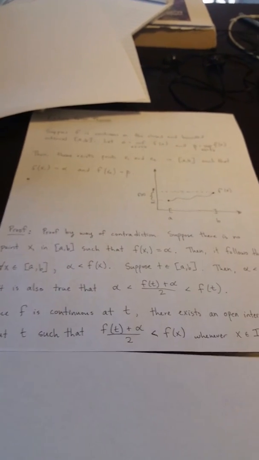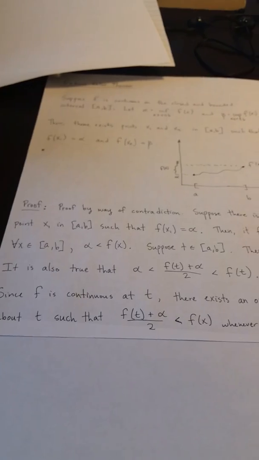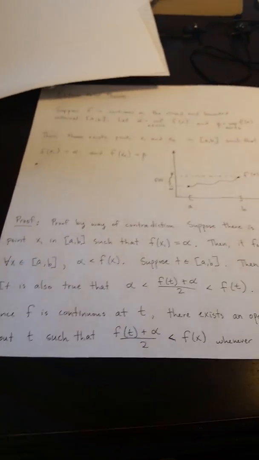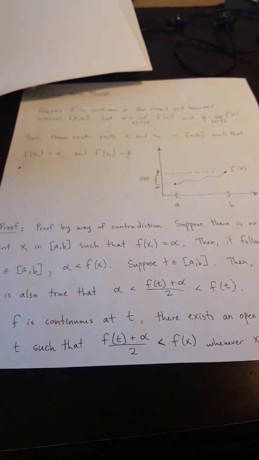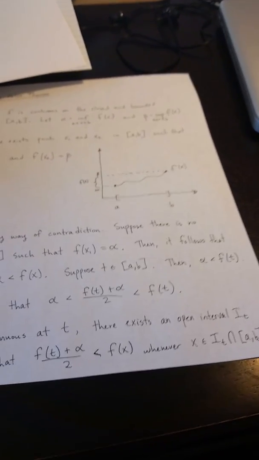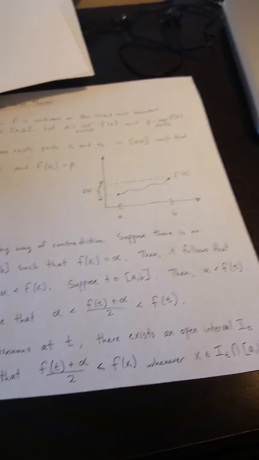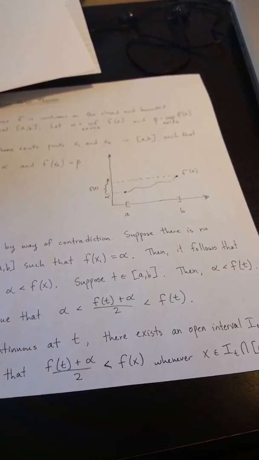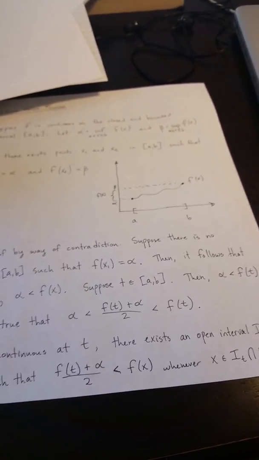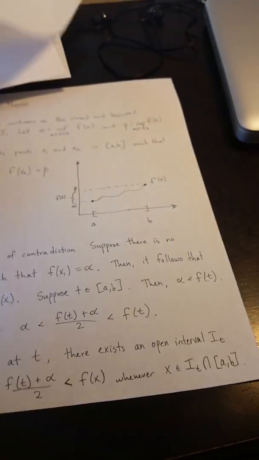Since f is continuous at t, there exists an open interval I_t centered about t such that whenever x is in that interval, the values of the function at those points exceed (f(t) + alpha)/2, because we know f(t) exceeds that value. So there exists a neighborhood around t such that all those points also exceed that value.